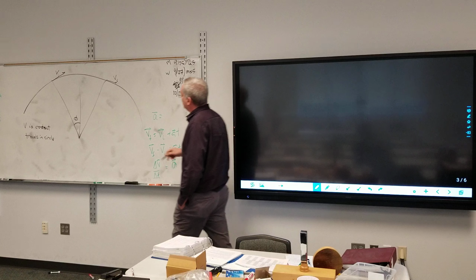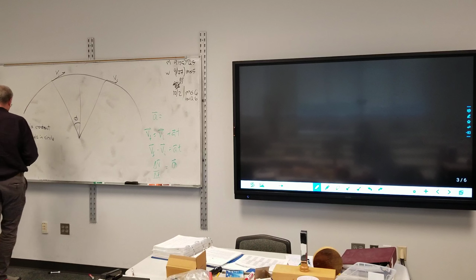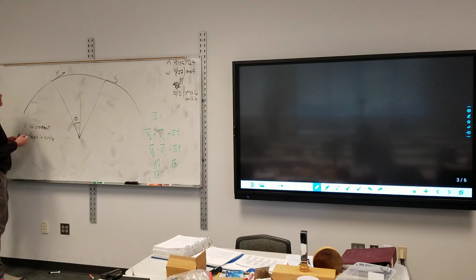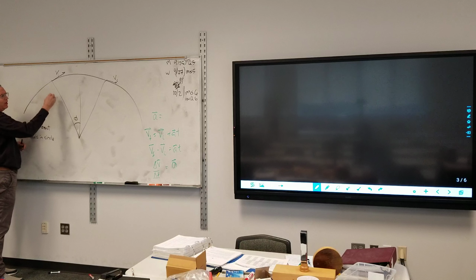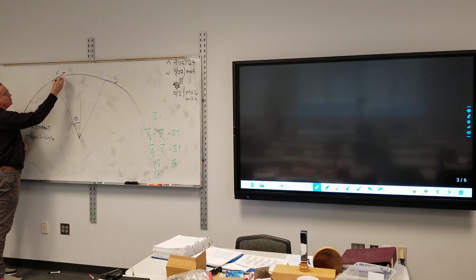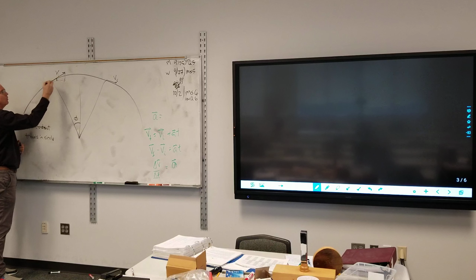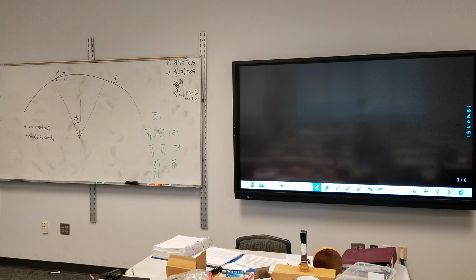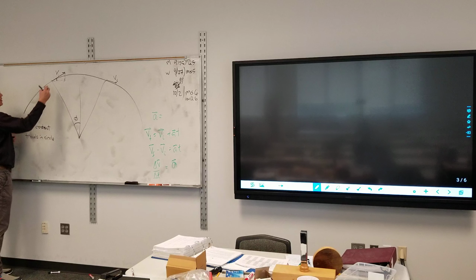So if this angle here is phi, well, I need to find the change in my velocity, so in order to do that, I really need to break this up into components. I need to know what that angle is. And what is that angle? I know that that is a right angle there.